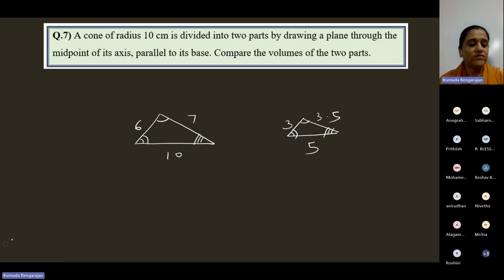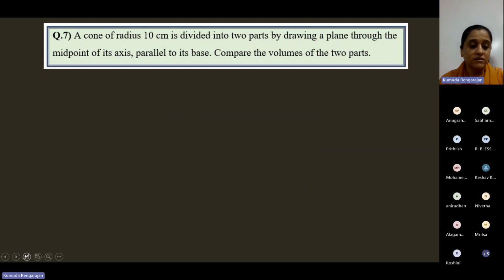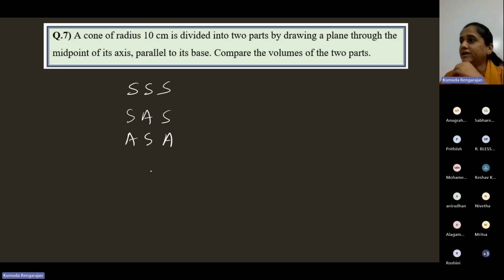Now, like we have congruence criteria, we also have similarity criteria. So how do we prove two triangles are congruent? We have 5 rules, right? You can show that two triangles are congruent using the SSS congruence criterion, SAS congruence criterion, ASA congruence criterion, AAS congruence criterion, RHS congruence criterion.